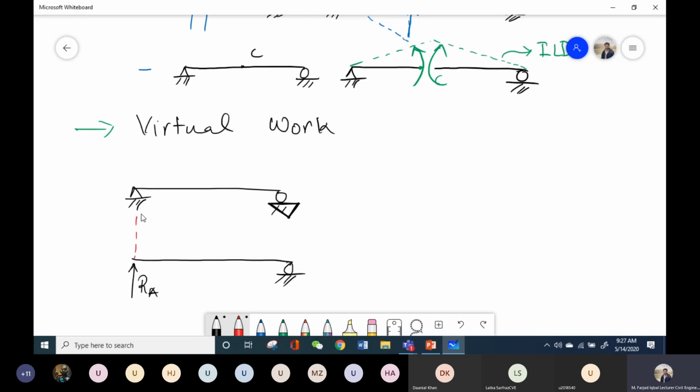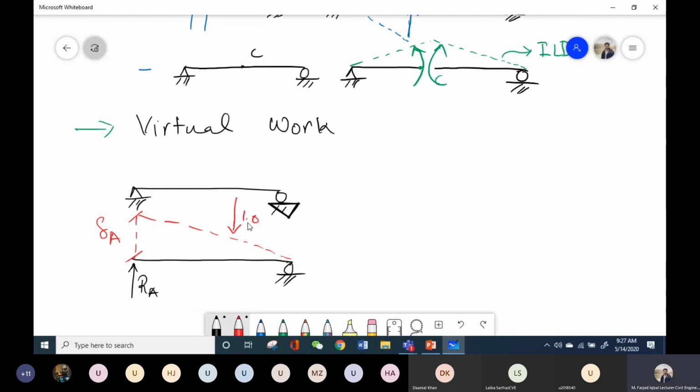Now, what does this deflected shape look like? It looks something like this. Can I say that this is the deflection at point A? And at this point, for example, what is ILD? ILD is basically, as the unit load moves along the length, we calculate the reaction.